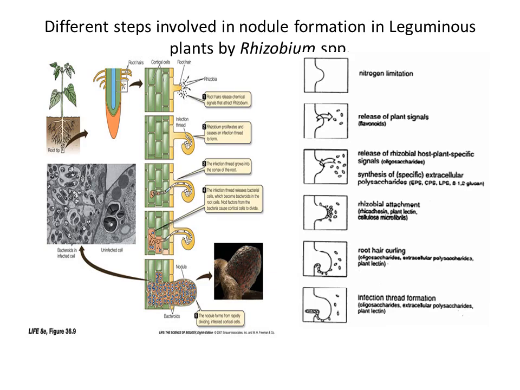The plant releases certain signaling molecules called flavonoids. If the host is appropriate, the Rhizobium cell also produces certain signaling molecules called nod factor. Because of the production of this nod factor, the infection starts.